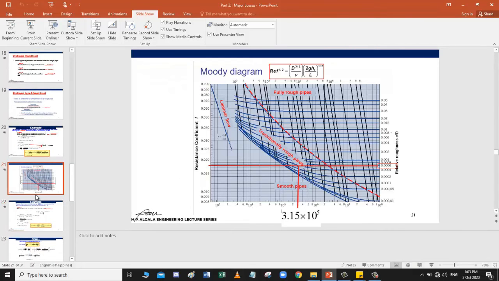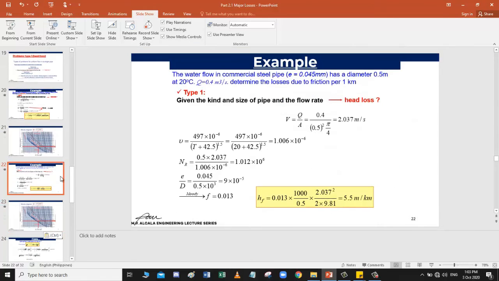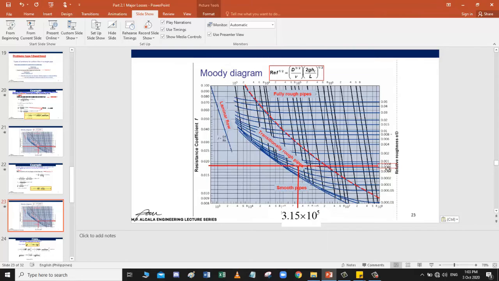I'll copy the diagram for us to look very easily. Okay, so at 9 times 10 to the negative 5 at the roughness, so this will be here. So about here in this area.